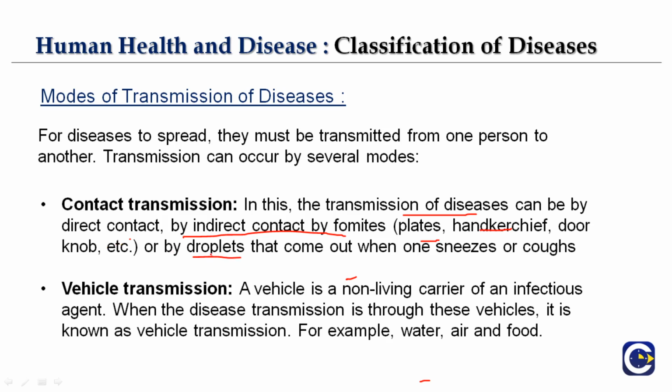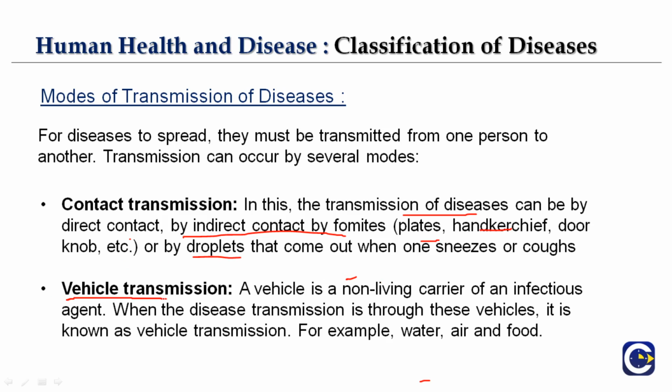If he follows very bad personal hygiene and sneezes publicly, imagine all those droplets will get collected in the air and get transferred to another person. So this is contact transmission.